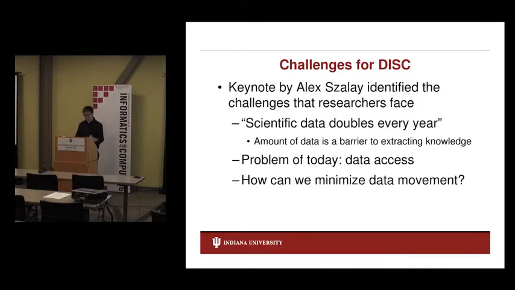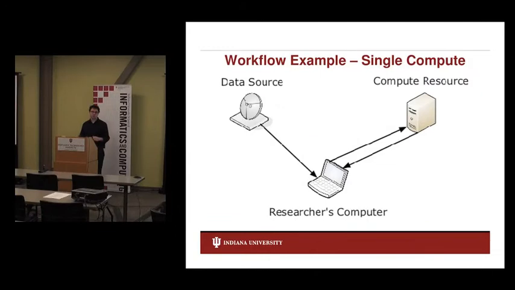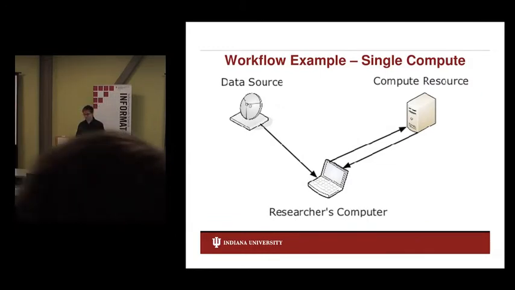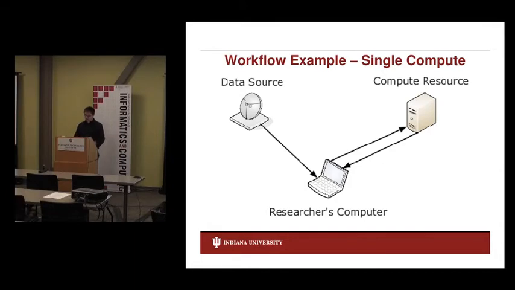So I'd like to look at some example research workflows to bring home some points to researchers here. In this workflow example, you've got a data source that could be any instrument. It could be from a microscope. It could be from computational simulation. Anything that you can think of, just think of it as data.